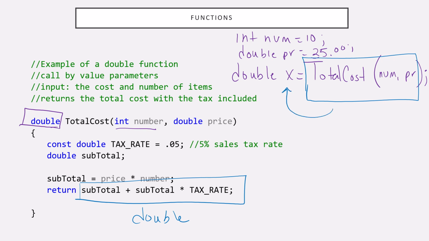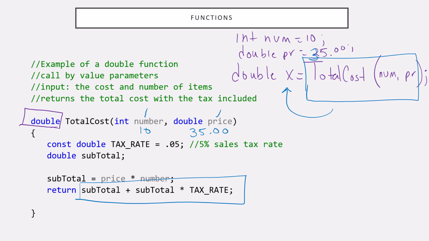So when this function is called, that double value needs somewhere to go. And when this function gets called, number will get declared and will get assigned the value 10. Price will get declared and get assigned the value 35. So you don't declare number and price inside the function again.